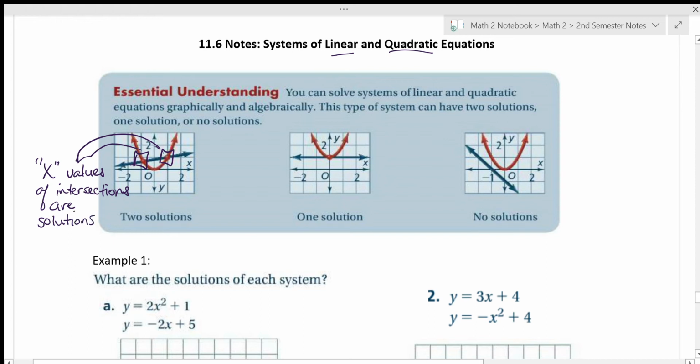And we know that with systems we can have two solutions. We have two x values. We could have one solution, or we could have no solutions, meaning they never intersect. We have the same types of solutions even when we have just linear systems.